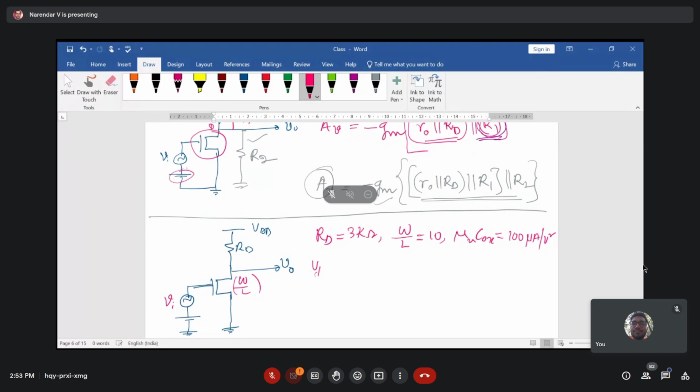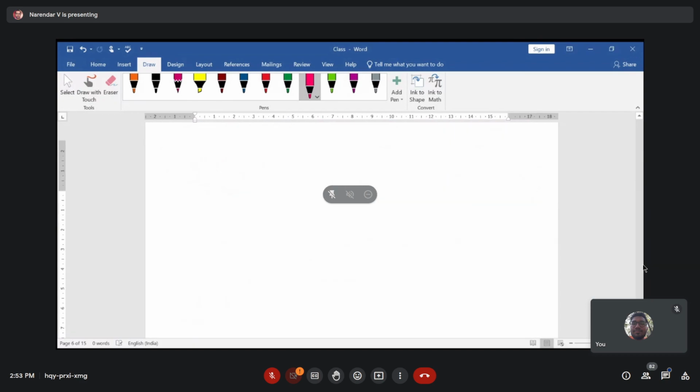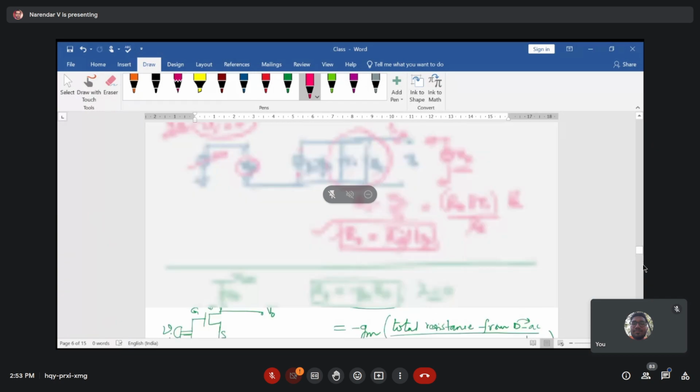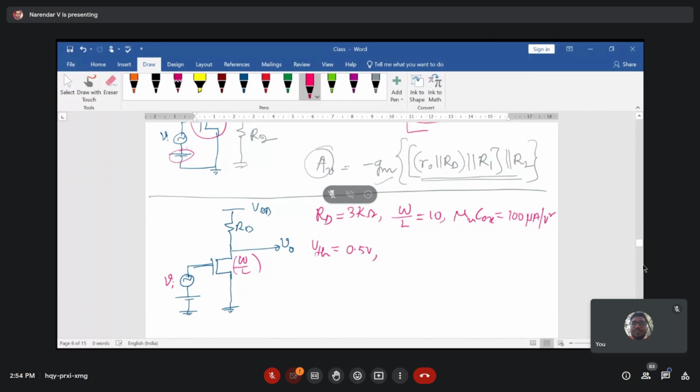The threshold voltage of the transistor is 0.5 volts, and the channel length modulation factor is 0.